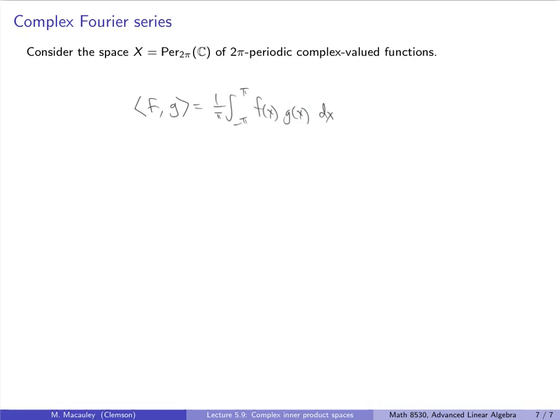Now everything was real valued, so I didn't put a bar on top of g of x because I didn't need to. And with respect to this inner product, if you recall, the cosine functions, cosine of x, cosine of 2x, etc., and the sine functions, sine of x, sine of 2x, etc., this infinite set was not only a basis, but an orthonormal basis. That is, if I left out a constant function.